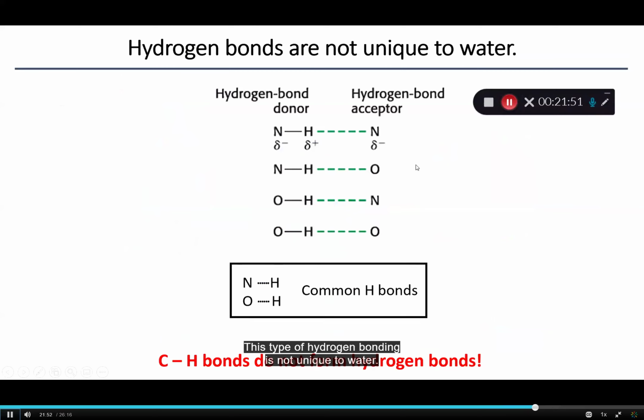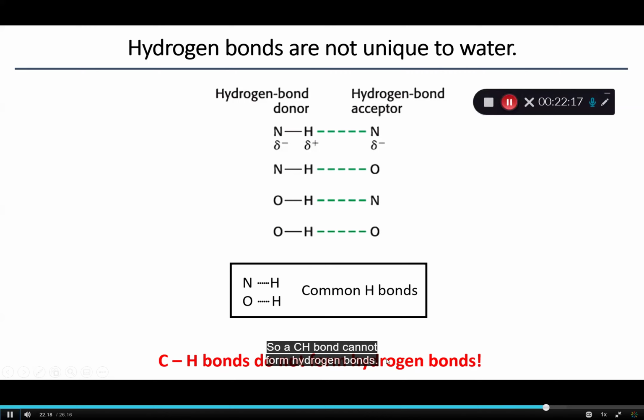This type of hydrogen bonding is not unique to water. Water can form hydrogen bonds with itself, but it can also form hydrogen bonds with nitrogen molecules and oxygen molecules. These are the most common types of hydrogen bonds. So this would be between water and nitrogen and water and oxygen. Note that hydrogen bonds do not form if a hydrogen is linked to a carbon molecule.